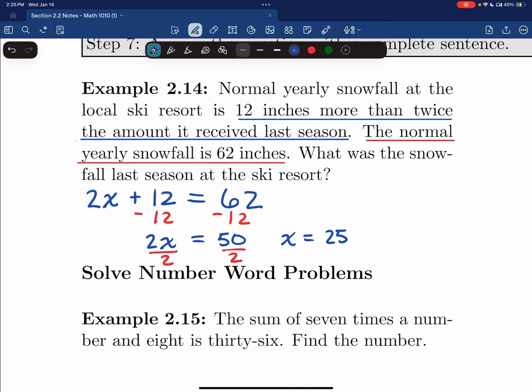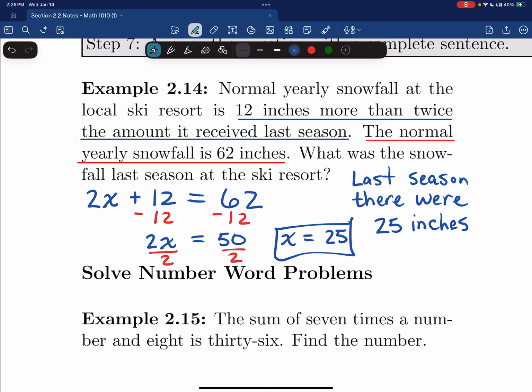So I can write, last season there were 25 inches of snowfall. So I've put my answer of x equals 25 into a statement to relate to this real world scenario.